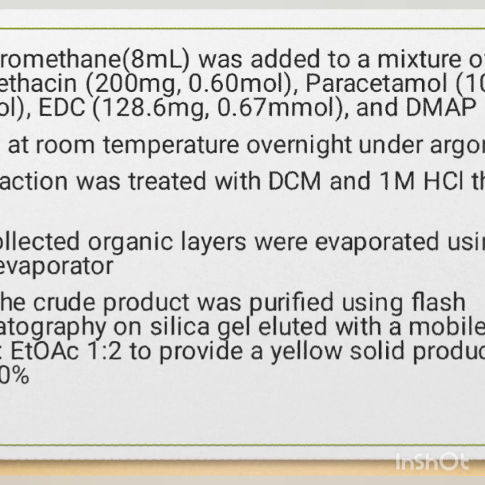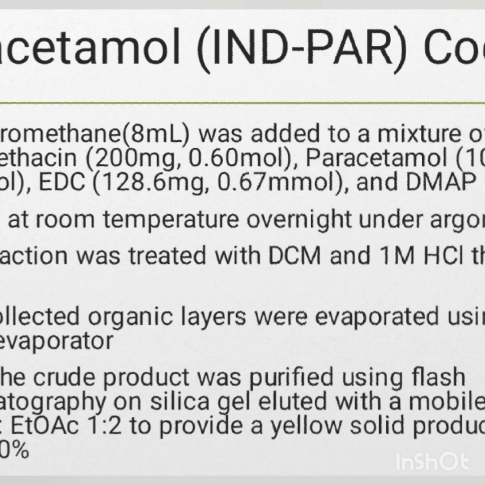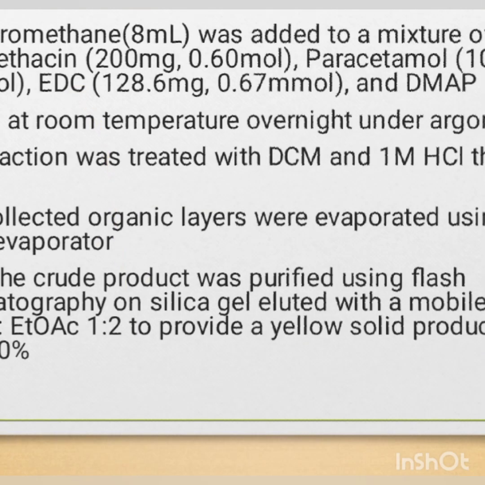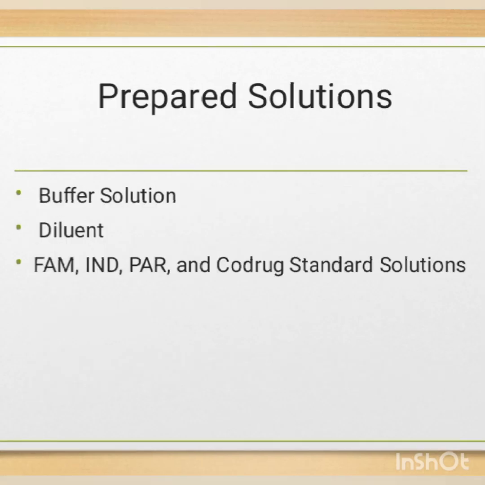At last, the crude product was purified by flash chromatography on silica gel, eluted with a mobile phase of hexane ethyl acetate 1:2 to provide a yellow solid product with a yield of 70%. Here we synthesized the core drug and we got our yield, which is 70%.